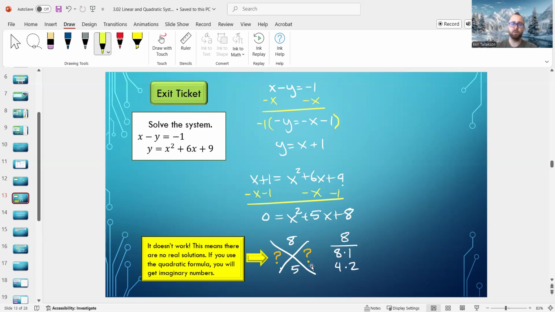If they're asking for imaginary numbers, then you would want to use the quadratic formula and work it out. But for this one, all we want to know is if there are real solutions, what are they? And there's not.